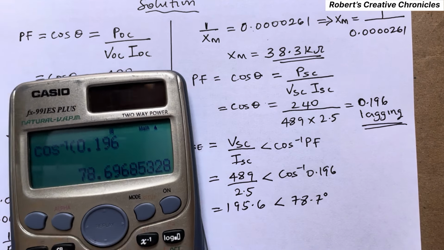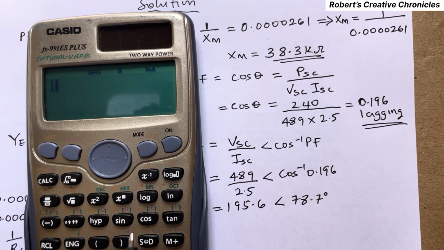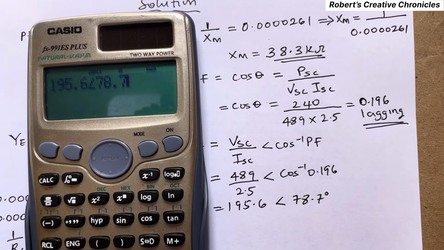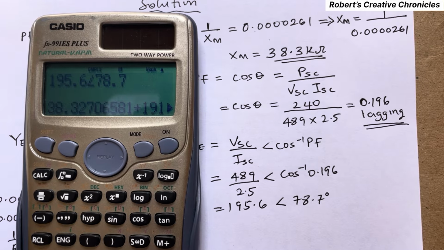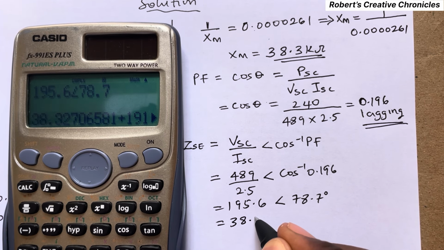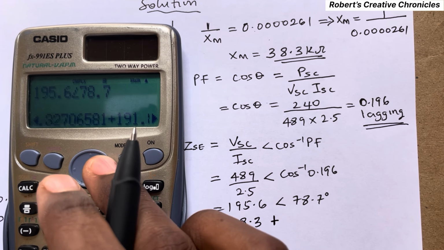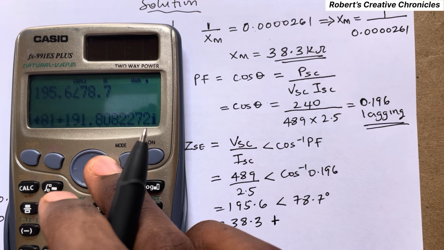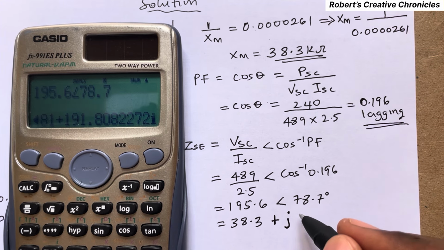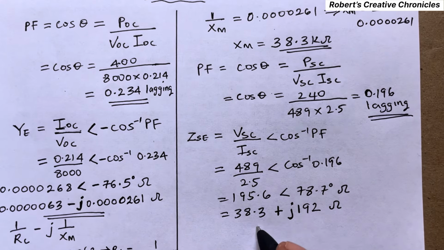So this becomes 195.6 at an angle of 78.7, which is 38.3 plus j192 ohm. Here also is ohm. So this is the series impedance.